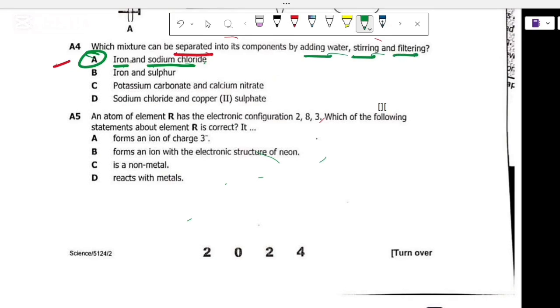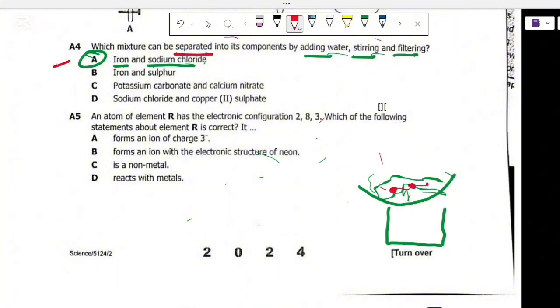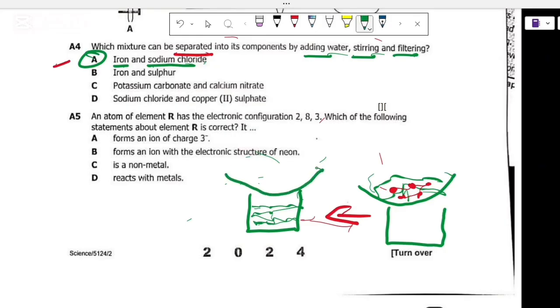But the particles of iron are going to remain. So when you put that on the filter paper, if this is the filter paper, you're going to see that if you put a solution there with some iron particles, what you're going to have after some time is this beaker containing this solution, which is going to pass through that filter paper, and then on this filter paper you're going to remain with the solid particles of iron.